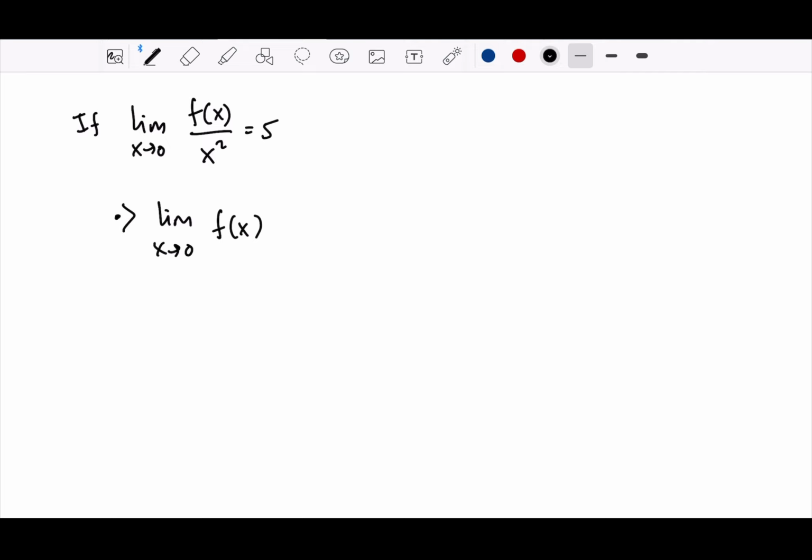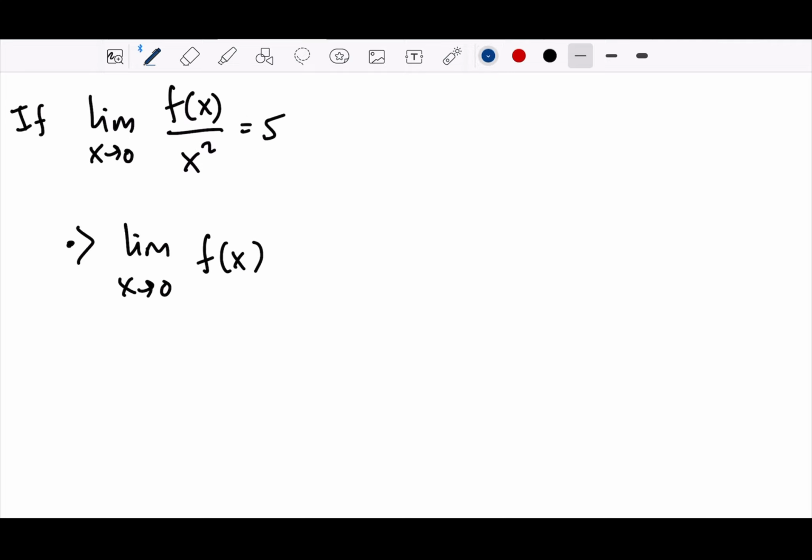If we want to apply this to f of x, although we are not sure what kind of function that is, remember that when you have a limit, the first thing you do is substitute the x into the function, right? When we substitute, the first thing that comes to mind is that we have 0 in the denominator.